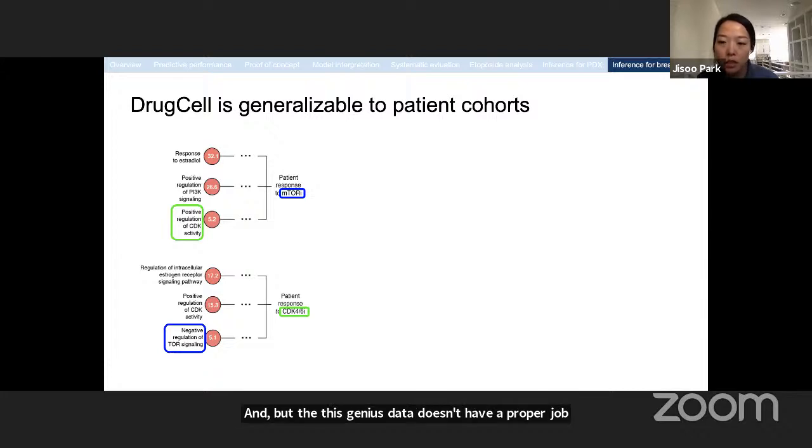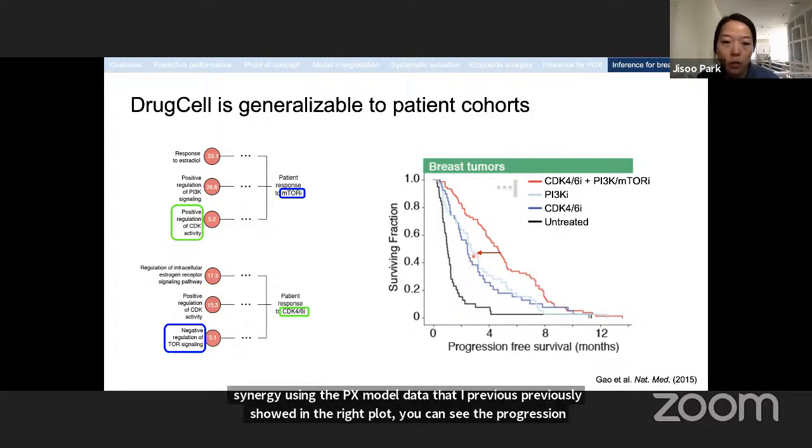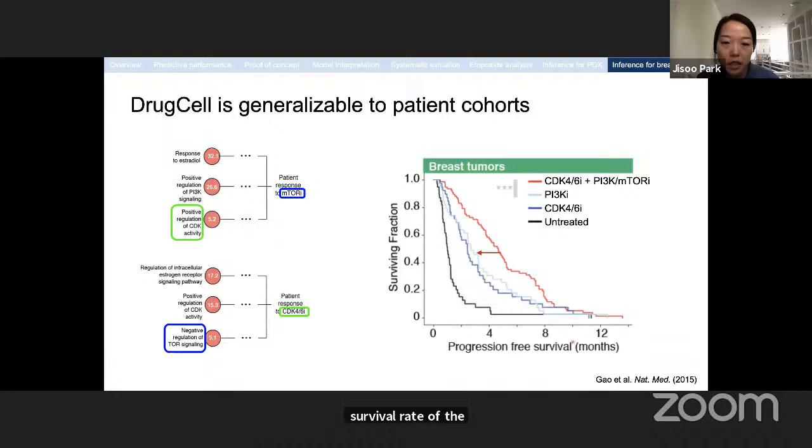We examined their synergy using the PDX model data that I previously showed. In the right plot, you can see the progression-free survival rate of the PDX models improved when treated with the combination of mTOR and CDK4/6 inhibitors compared to when treated with each treatment alone.